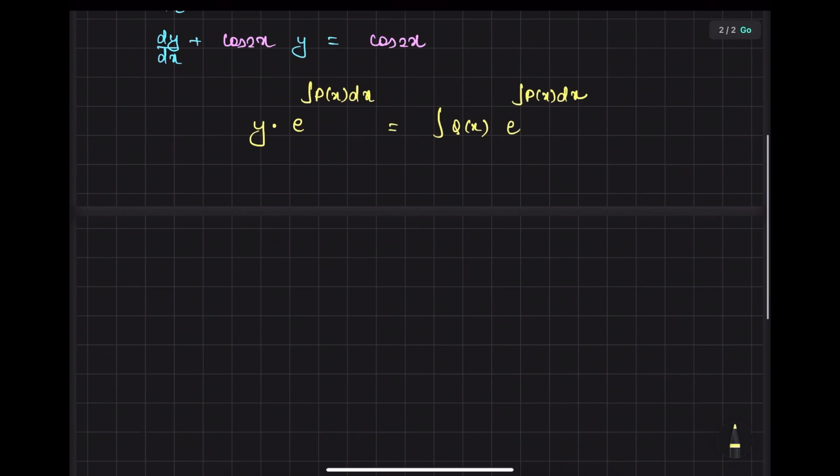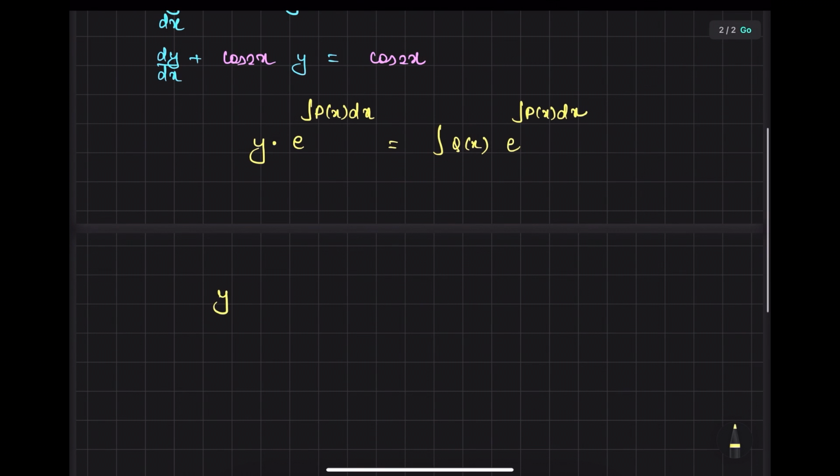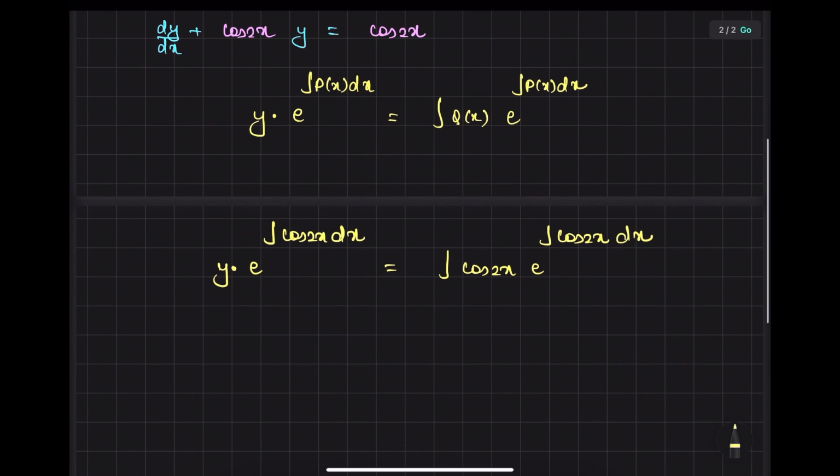So let's write everything. We have y times e power integration cos 2x dx is equal to integration cos 2x e power integration cos 2x dx. Now let's do the integration.